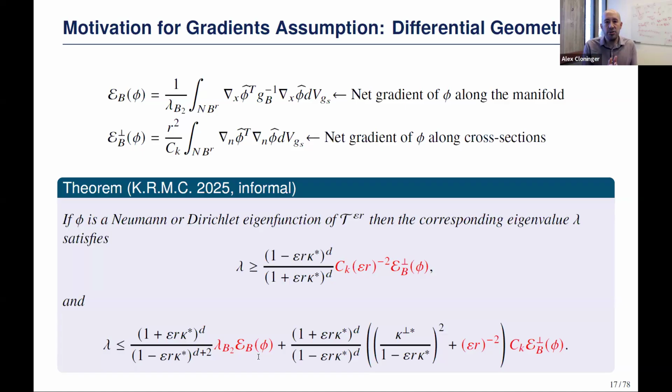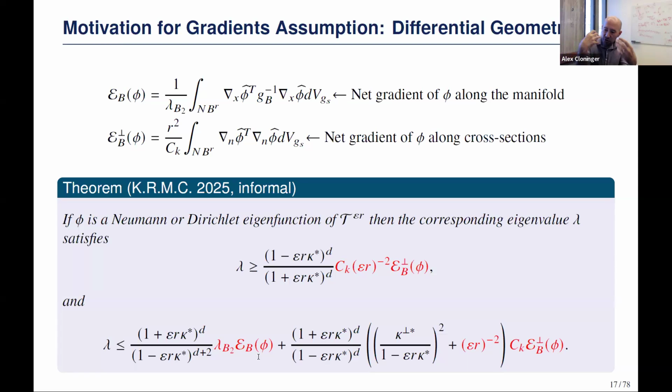So what this is establishing is that there's a gap here. If your function doesn't vary in the normal direction and is low frequency in the submanifold direction, the eigenvalue won't be too big. And then there's a huge gap. And then if the eigenfunction does vary in the tubular direction, the eigenvalue must have been at least so big.